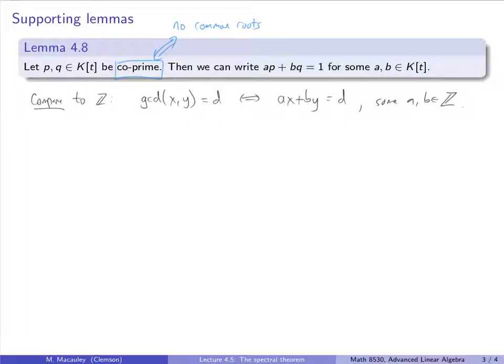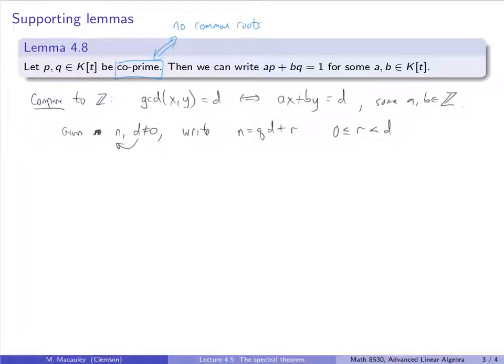Now recall what the division algorithm tells us over Z. Given n and d, where d is non-zero, we can divide d into n and get n equals qd plus r, and r is the remainder, which is between 0 and d. So it could be 0, but it's strictly less than d.